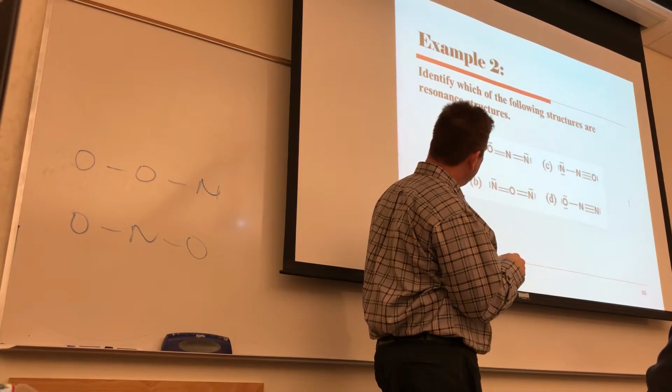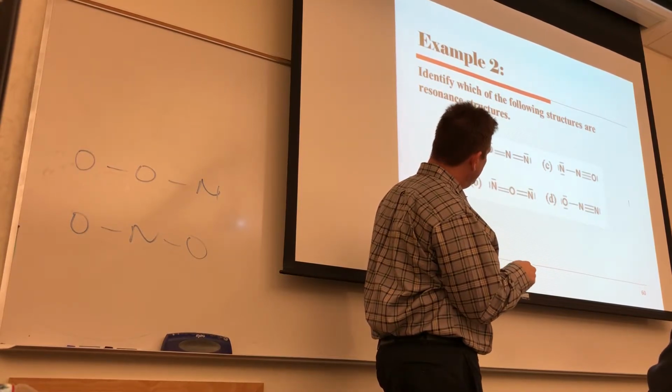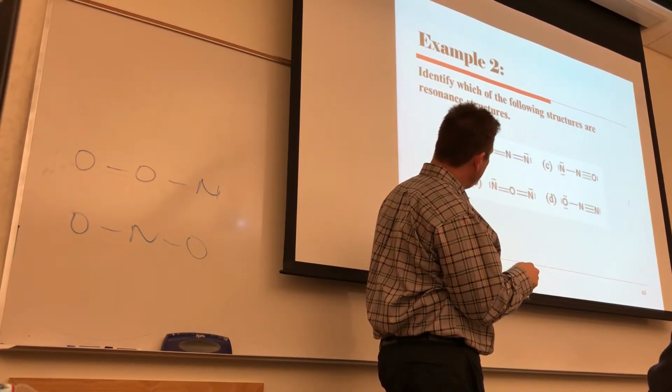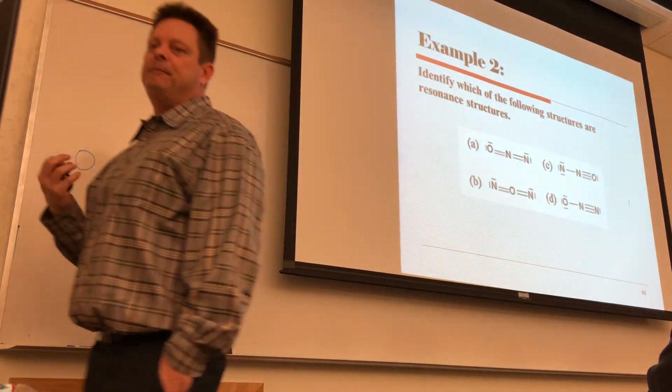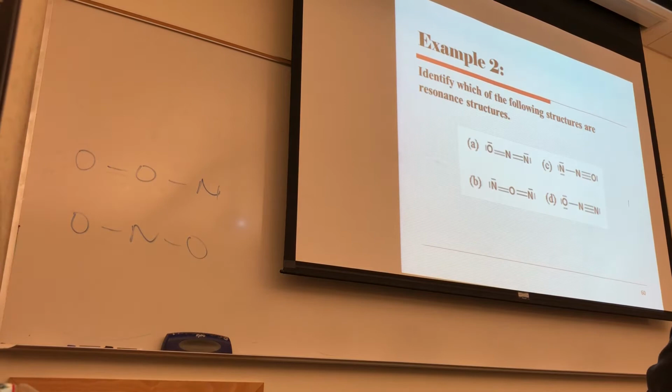Yeah, A and C. So B is not one. Why? Because the center is connected to two different atoms. The orientation of how they're connected is different. I have O in the center here, I have N in the center of the other ones. Pretty straightforward.